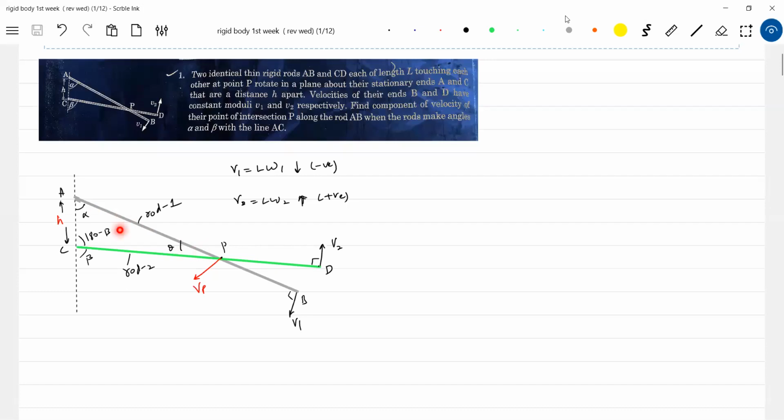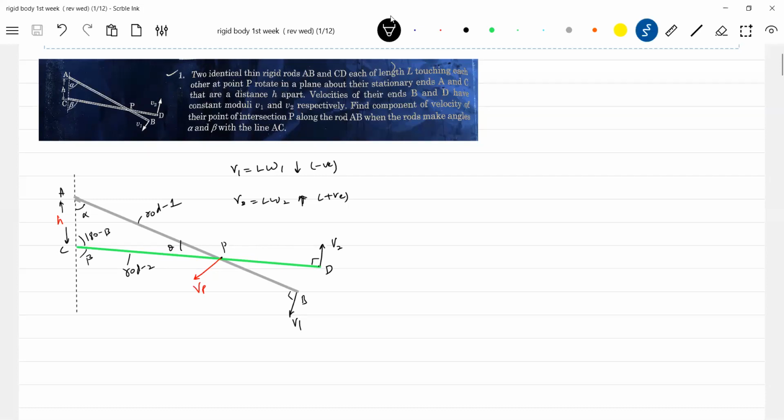The rate of change of the distance AP is nothing but the component of speed of point P along the rod AB. So how to get that distance AP? First, I'll take help of the triangle ACP. I think this approach finishes it, nothing more is needed.